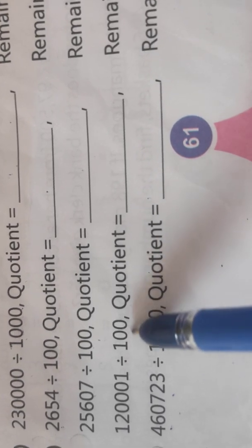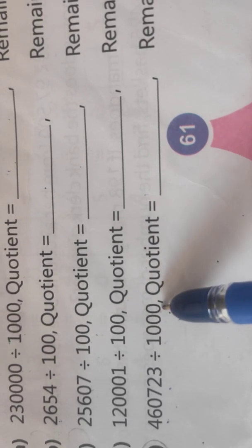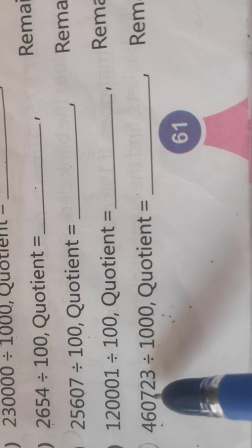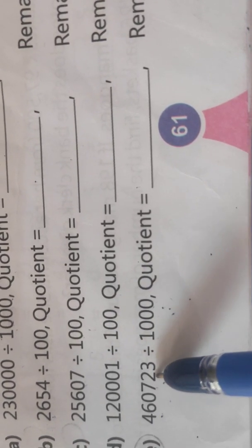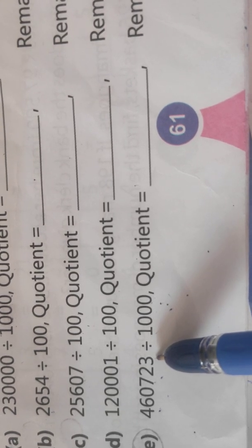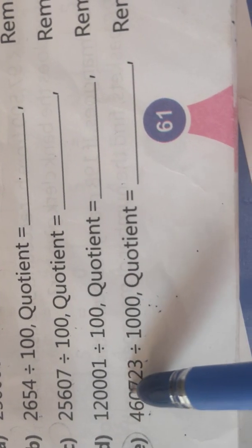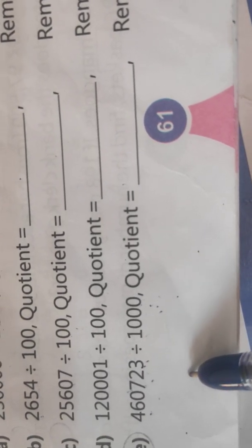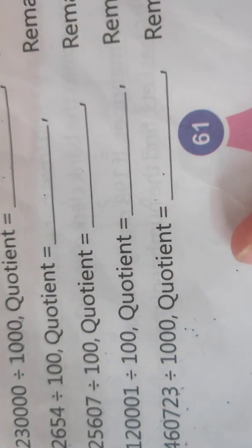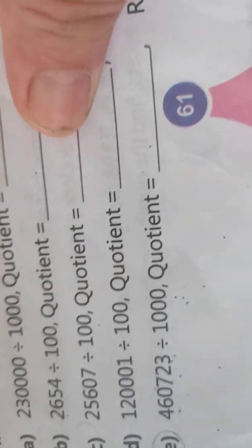And when we are dividing by 1000, there are 3 zeros. So it means the right side 3 digits from the dividend will be the remainder and the rest of the left side digits will be the quotient. So here 723 will become the remainder and 460 will be the quotient. A few of these questions I will also explain to you through the board.